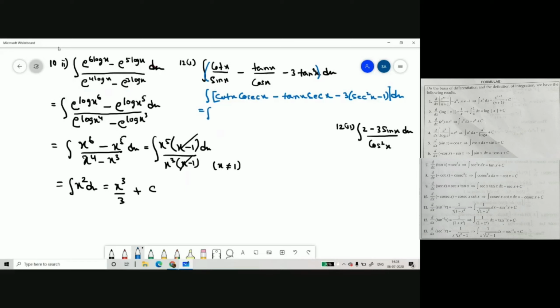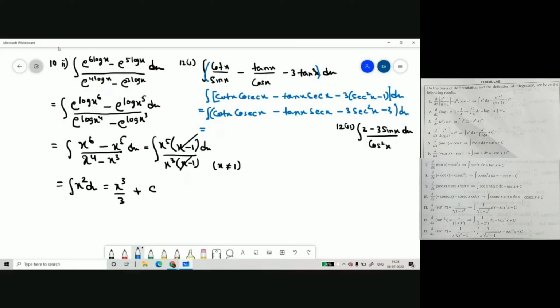This is integration of cot x cosec x minus tan x sec x minus 3 sec square x minus 3 dx. Am I correct?